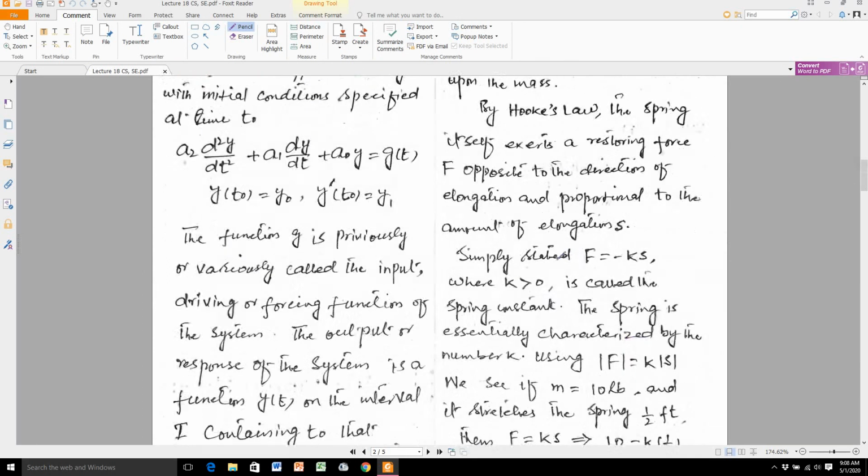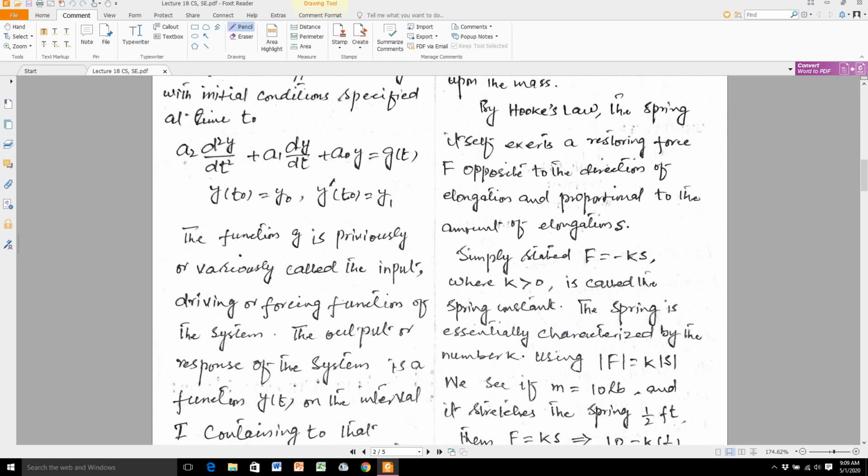Simply stated, F is equal to minus kx. This negative sign shows that the direction of the motion is toward the center of the motion, and k is greater than 0 and is called the spring constant.